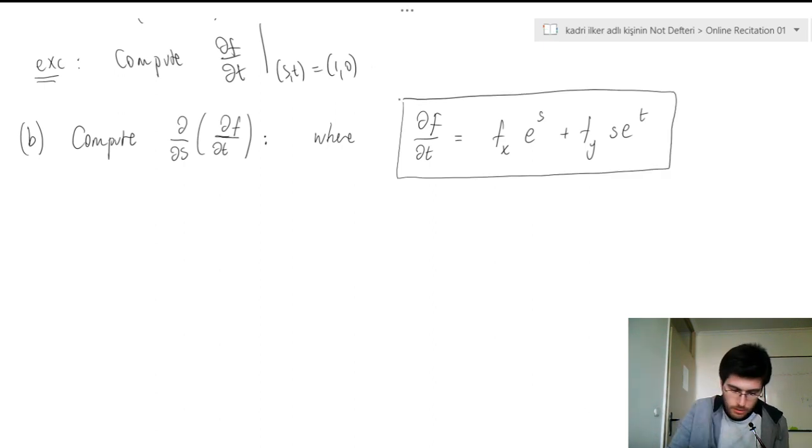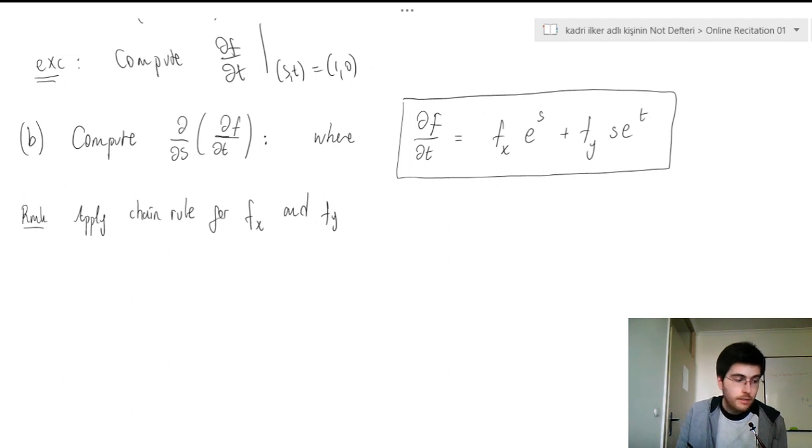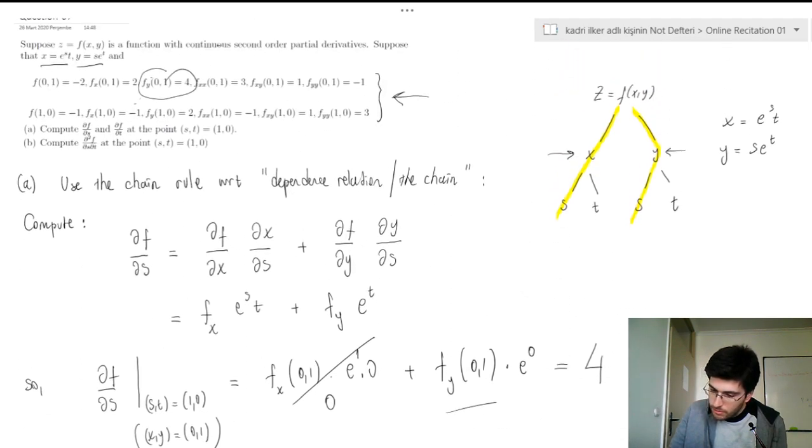But now the remark is the following: apply the chain rule for f sub x and f sub y. Okay, because these also have a similar kind of dependence relation like this.